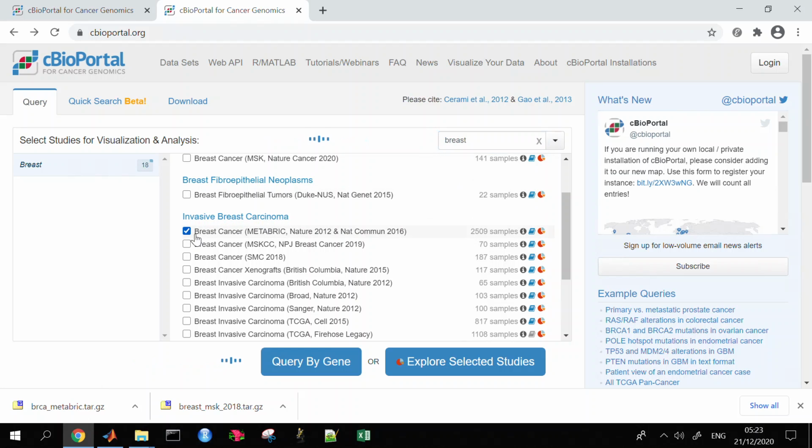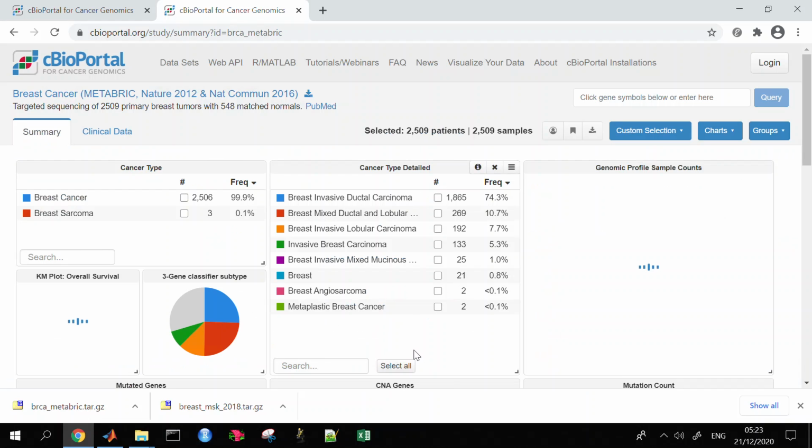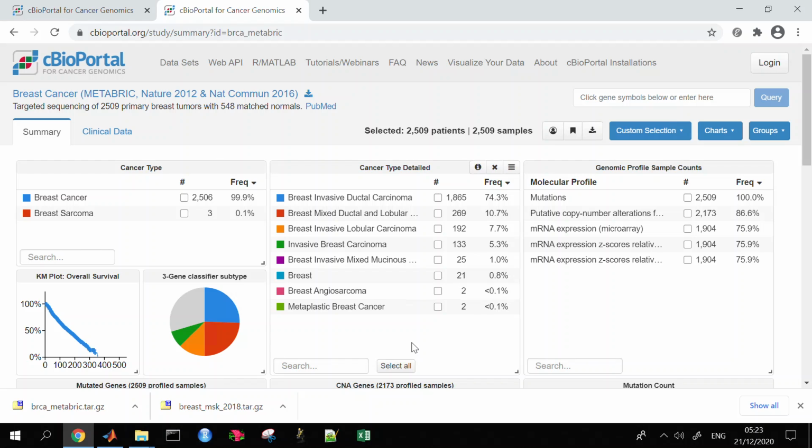All right. Or this dataset. And in order to download, please look for this symbol.